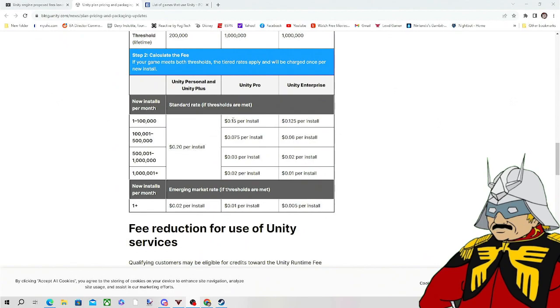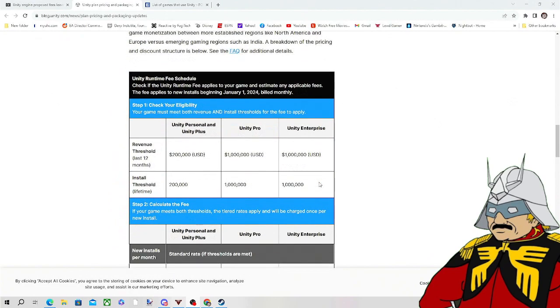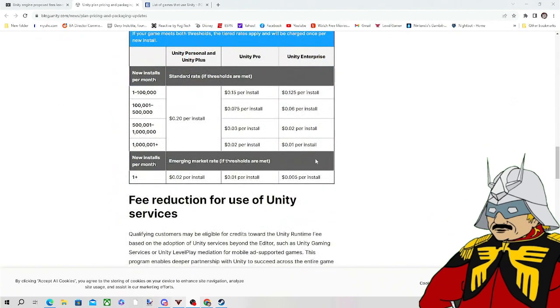Unity Pro, 15 cents per install, but they're going to charge it based on the threshold of how many people install this. Unity Enterprise. If you pay for the Unity Enterprise, which is about $1 million, they'll charge you 1 cent if you go over the threshold. Yeah, that's what they're doing.